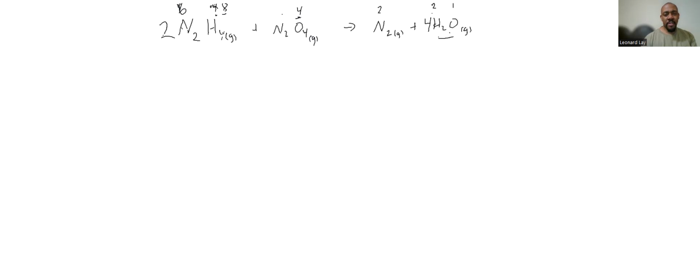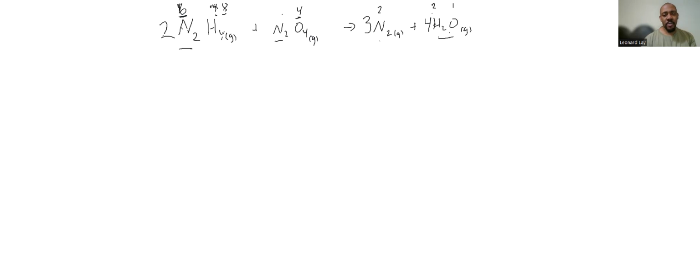And now we just have to look and see we have 6 nitrogens altogether. And this is 2 nitrogens. So we have to multiply this by what? That's right, 3. And so now on the reagent side, we have 6 nitrogens, there's 4 plus 2, that's 6 nitrogens.